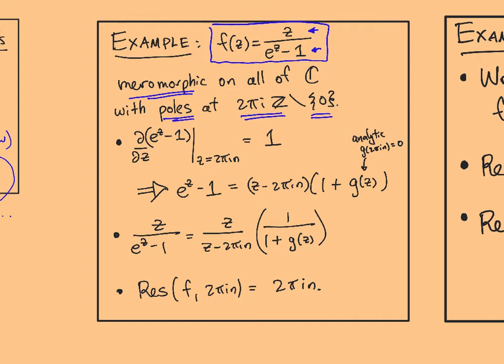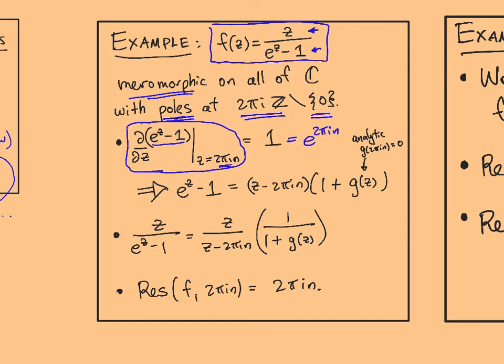But why are the poles simple at these points? Well, I can compute a power series expansion for the denominator by taking the derivative at its zeros. So the derivative of e to the z minus 1 will just give me e to the z, and then I plug in 2 pi i n.